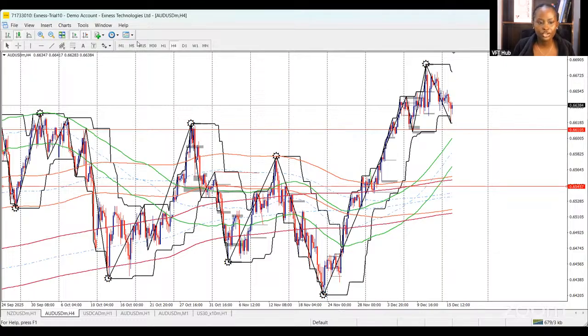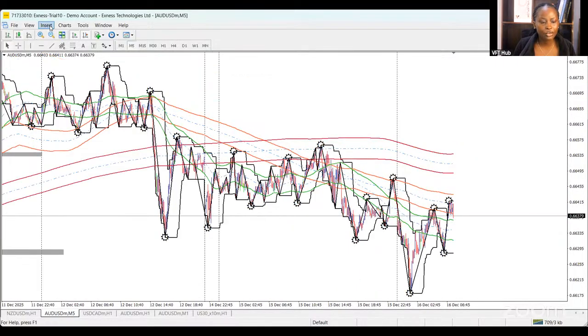Do you understand? So since we have that in mind, just go ahead and mark out 5 minute highs and lows and wait for price to give us confirmations on the 1 minute time frame.